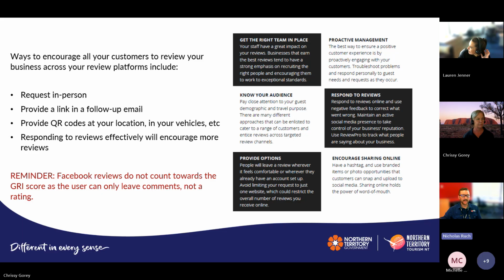People are generally 70% more likely to write a review for your business if you ask them. There's multiple ways to ask. One could be in person, on checkout, or disembarking from a tour.